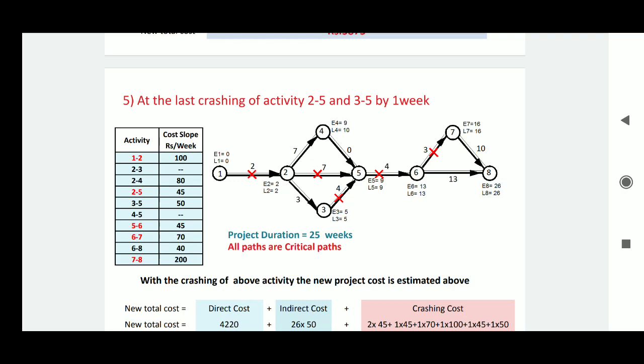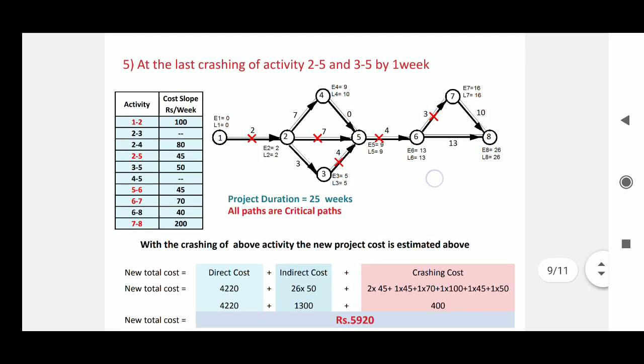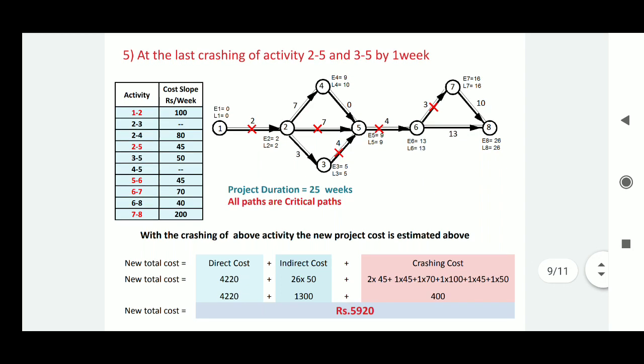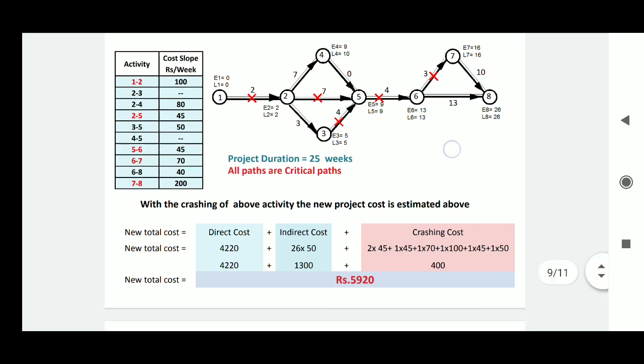Okay, and here we see, by crashing these two activities, all the other paths are also critical paths. Okay, now the duration of the project here is 26 by crashing activity 25 and 35.